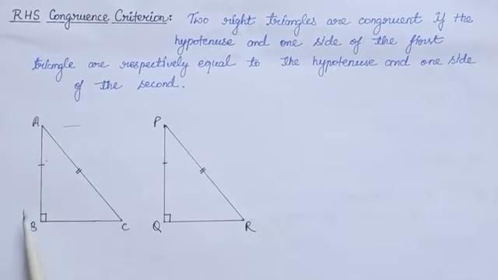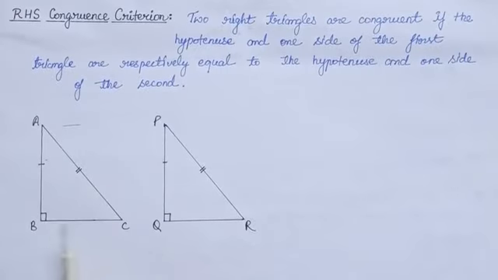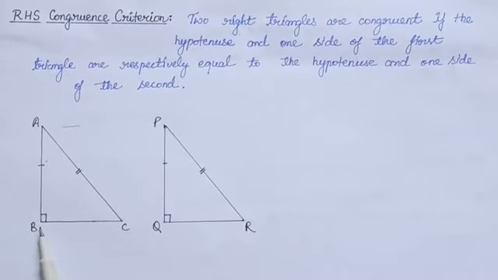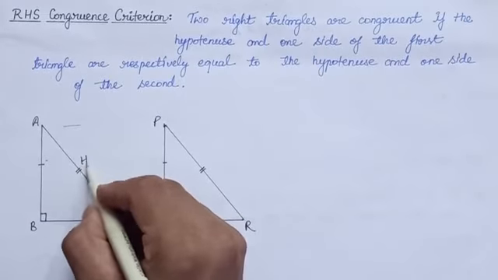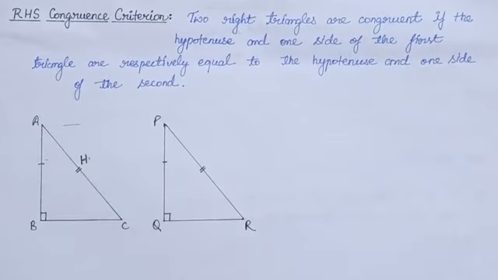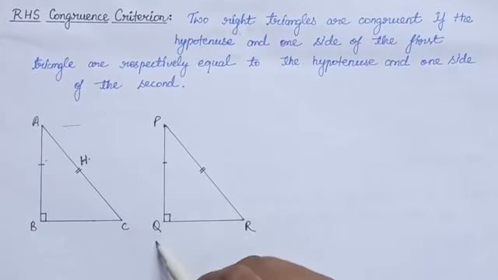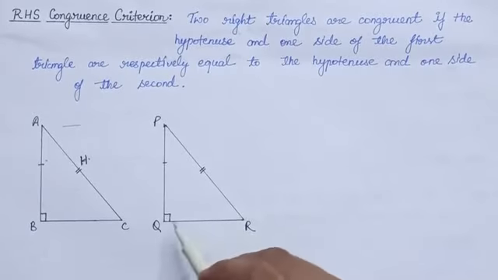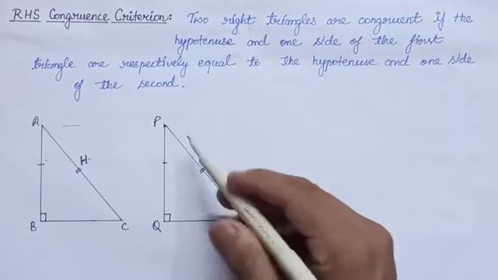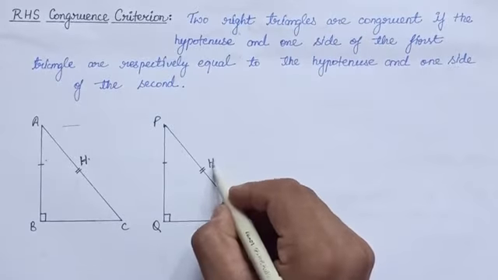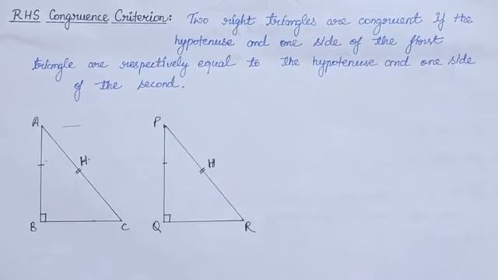So in triangle ABC, the side opposite to 90 degrees, that is angle B, is AC. Hence AC is the hypotenuse, and in the triangle PQR, the side opposite to 90 degrees, that is angle Q, is PR. Hence PR is the hypotenuse.